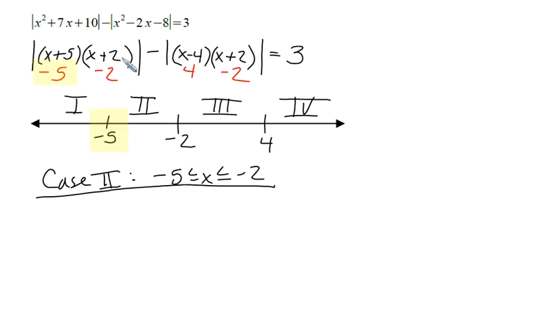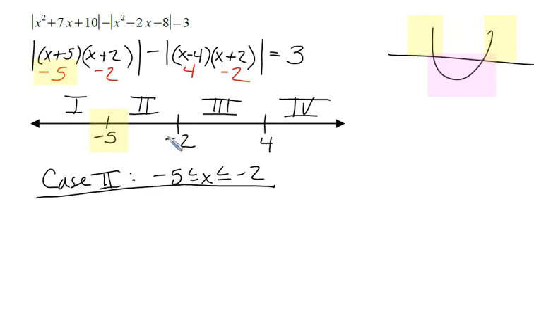The only one of the absolute values that could change from positive to negative, going from case 1 to case 2, would be this one right here. And if you think about a parabola and think about how an axis might work, it will go from positive to negative back to positive as long as it was a positive coefficient on the x squared.